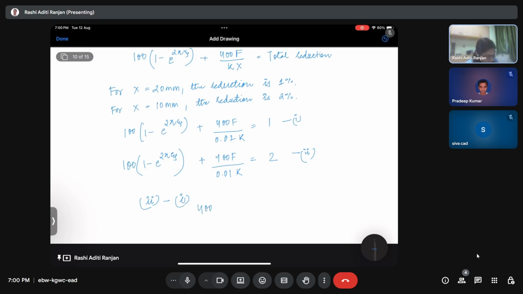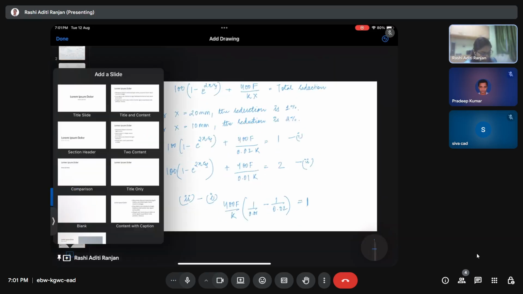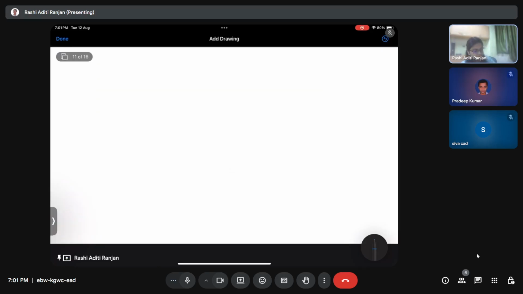I get 400 F by K into 100 minus 50 is equal to 1, right?